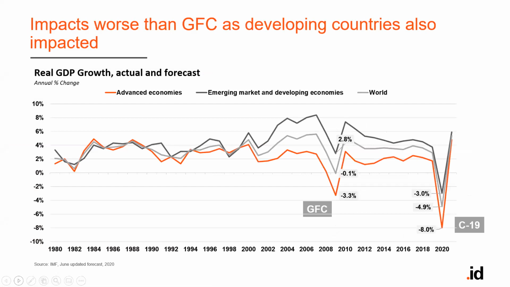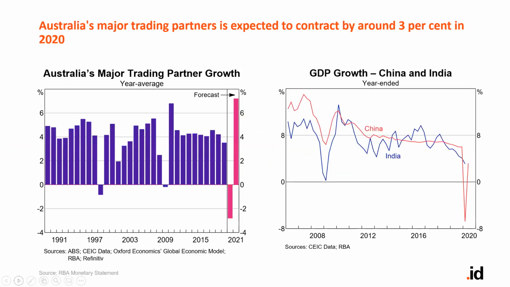And we know that the impacts of this crisis are much worse than that which occurred with the global financial crisis. So we can see that our impact on GDP growth was actually more than double what occurred with the GFC. And that's because it's also hit emerging markets and developing economies just as much as it did our more advanced economies.